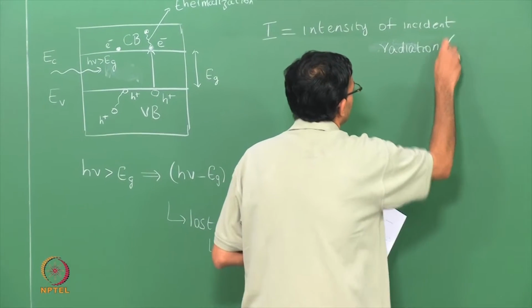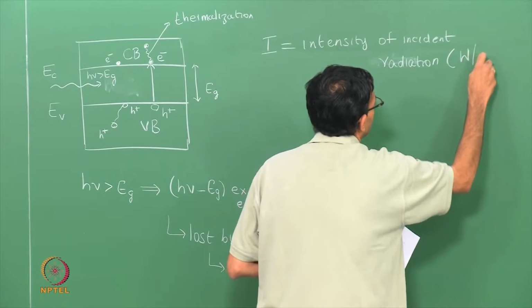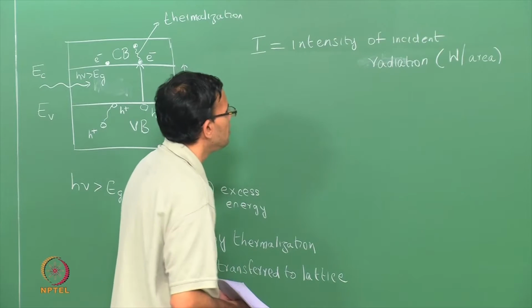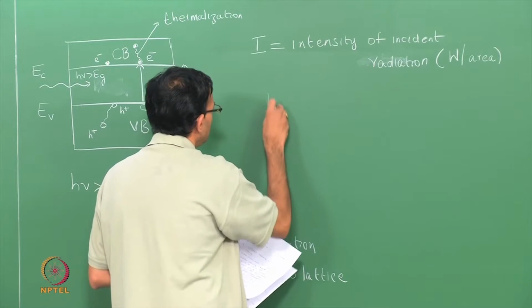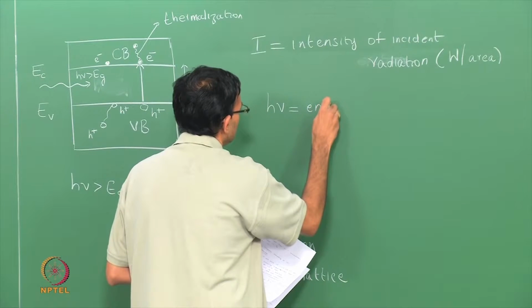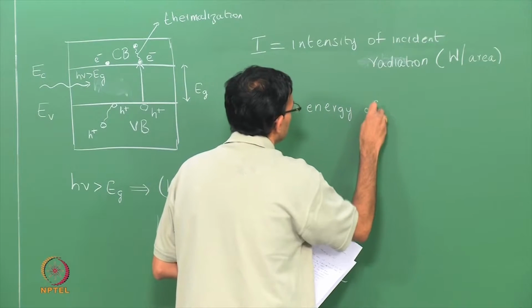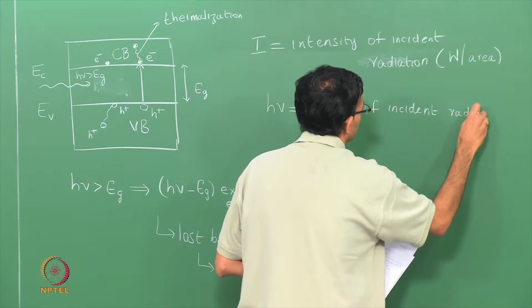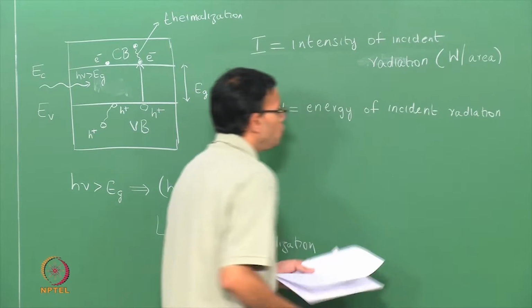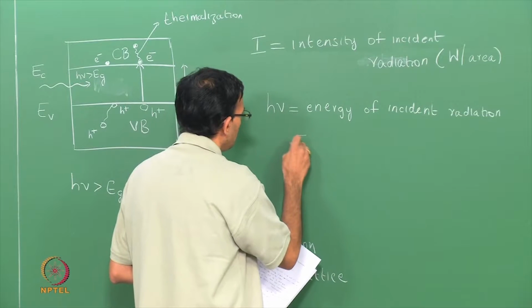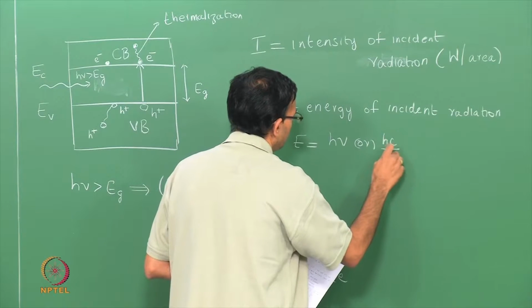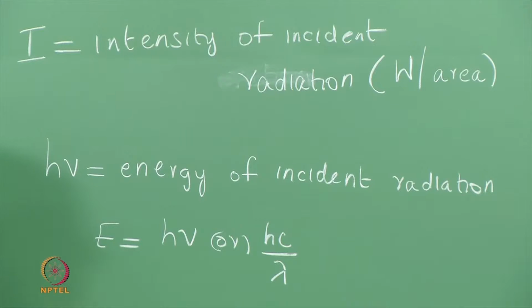So, this is, let me say, watt per unit area, which is nothing but the power that is delivered to the sample, and if h mu is the energy of the incident radiation, mu is nothing but the frequency. You can also write energy as h mu or hc over lambda, where lambda is the wavelength. So, whether you know the frequency or the wavelength, you can find the energy.